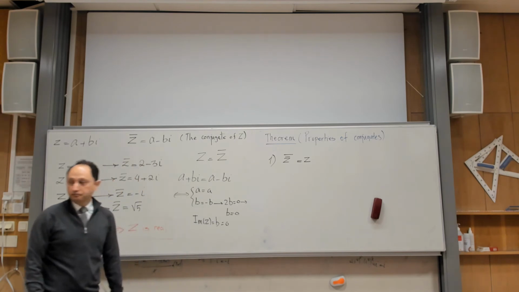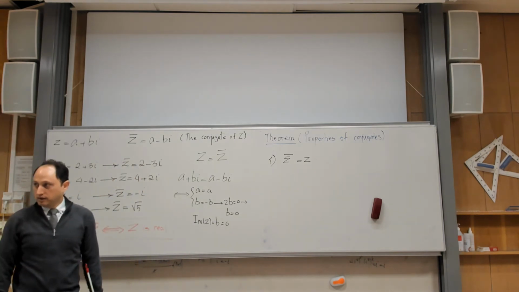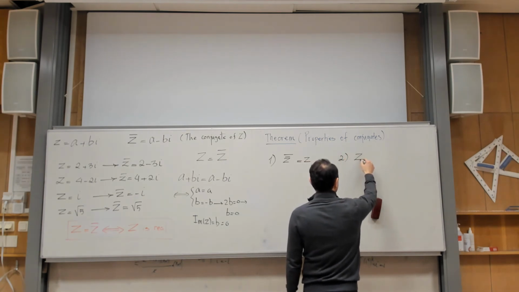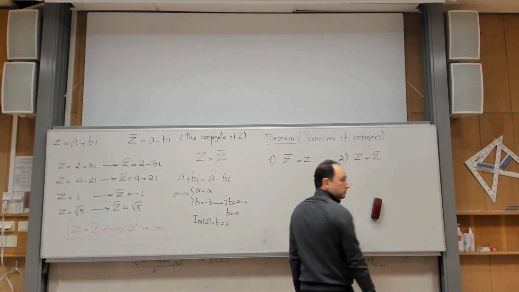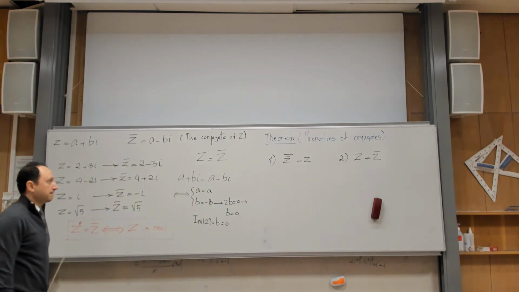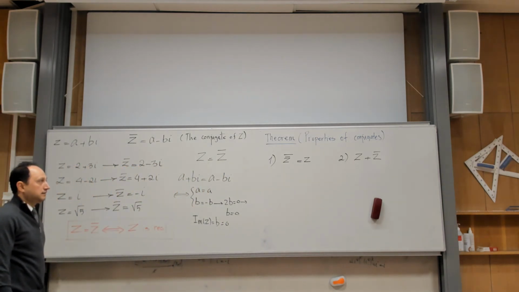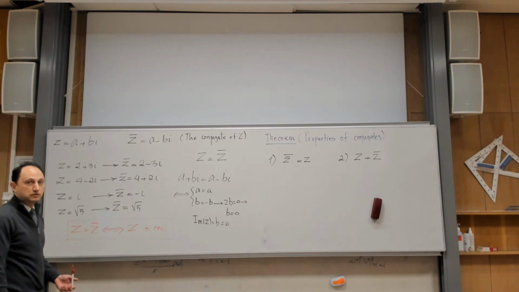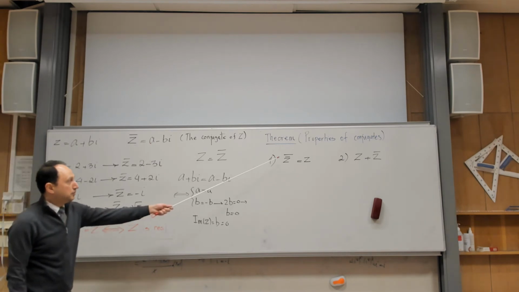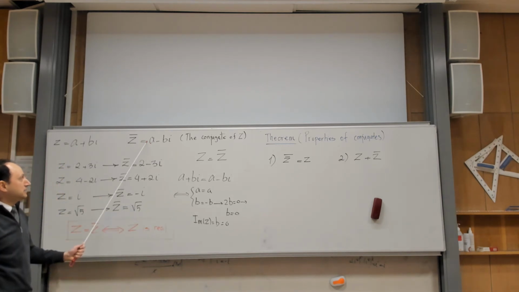The second one is, what can you write in front of this? If I add a number to its conjugate, what will happen? You can imagine these numbers, but of course a and b are not in the problem, so you have to write something independent of a and b.